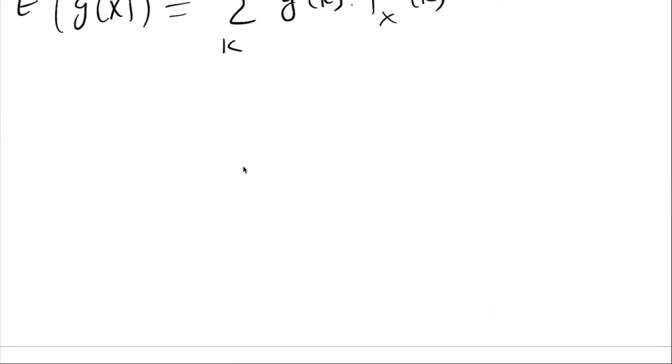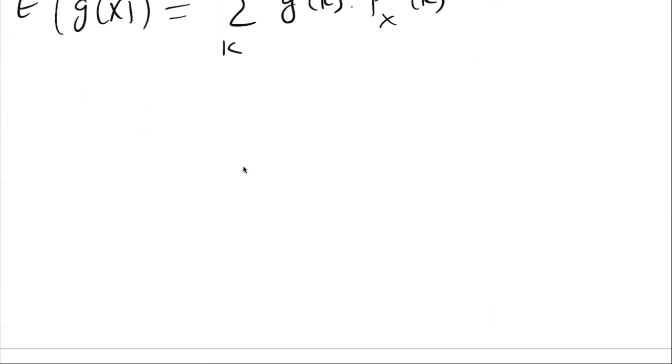And the definition of variance is still similar to before. Definition: let X be a continuous random variable.